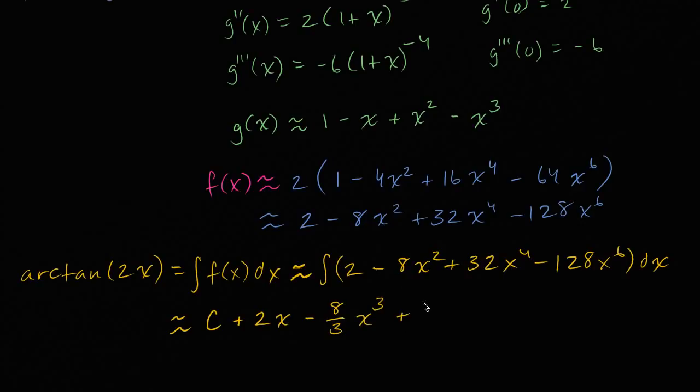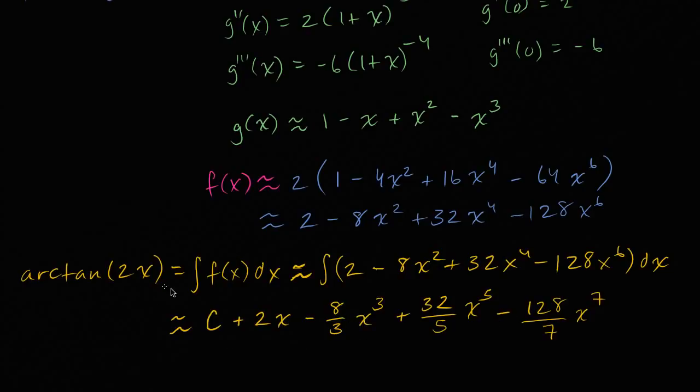Then plus 32x to the 5th over 5 minus 128x to the 7th over 7. And we're in the home stretch. We've got at least 4 non-zero terms. If this is non-zero, this is going to be 5 non-zero terms.